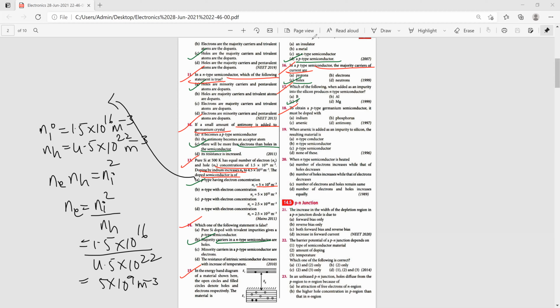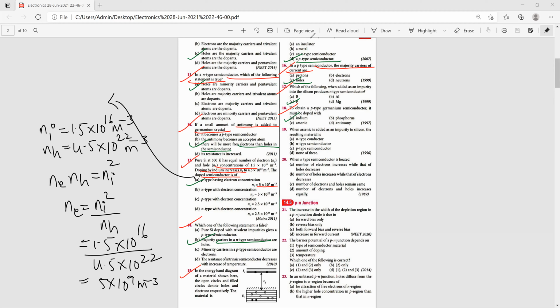So in p-type germanium semiconductor, it must be doped with a trivalent impurity atom. Since indium is a third group member, germanium must be doped with indium. Therefore, the first option is the right answer for 18th one.